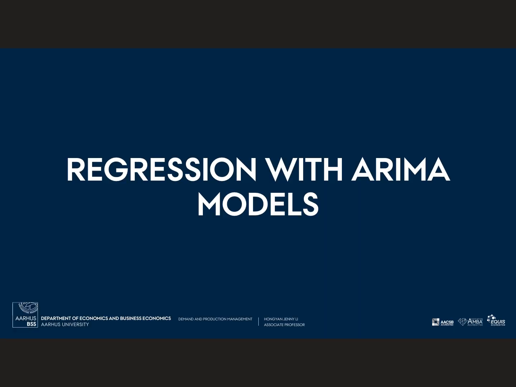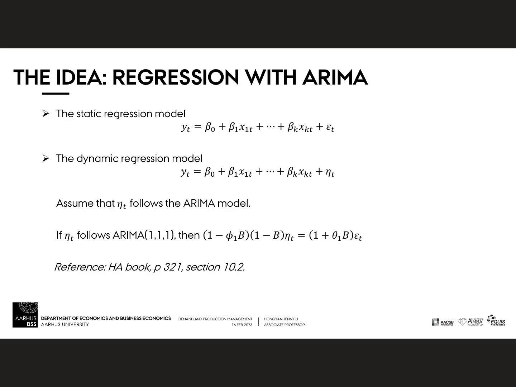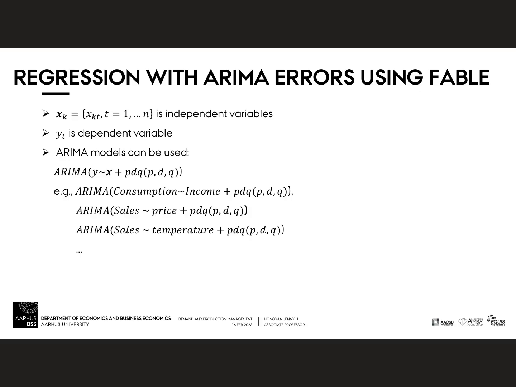In the lecture, we also quickly explained regression with ARIMA models. Here we just integrate the regression model and ARIMA errors. In other words, if you call an ARIMA function with an independent variable, we are actually assuming we are doing a forecast regarding regression plus an eta, and here the eta is ARIMA errors.